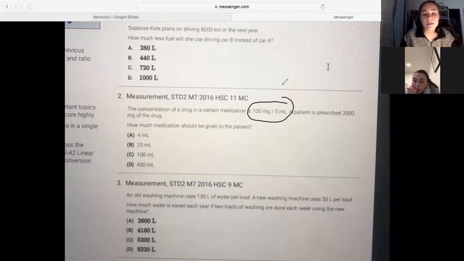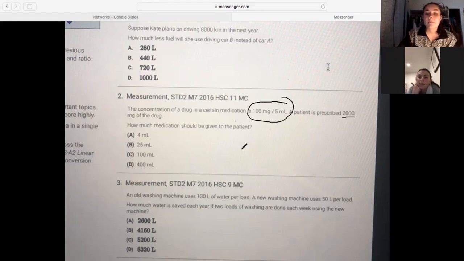And so for this Panadol bottle, the concentration is for every 5 milliliters there's 100 milligrams of the drug in it. And this patient needs 2,000 milligrams of the drug. So we need to figure out how many mils of the Panadol to give in order for there to be 2,000 milligrams. Does that make sense? Okay.